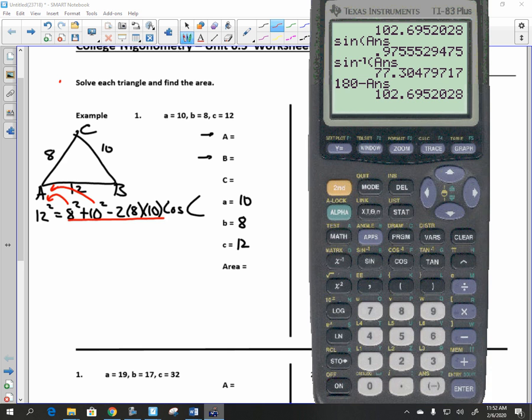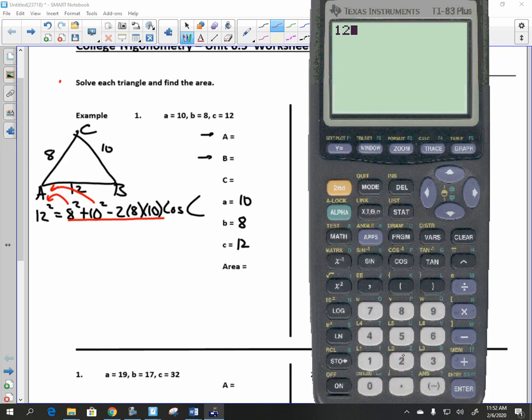So we're going to subtract those on over. I'm going to turn on my calculator, and I'm going to take 12 squared, subtract 8 squared, subtract 10 squared. So on the left-hand side, I now have negative 20 equals. Now we'll multiply. Notice we have a negative here.